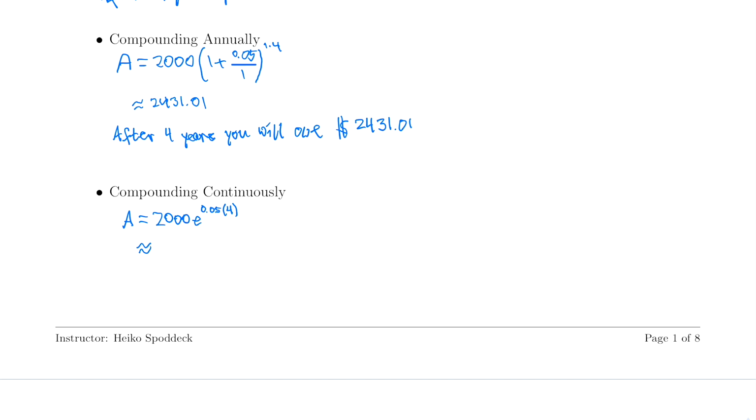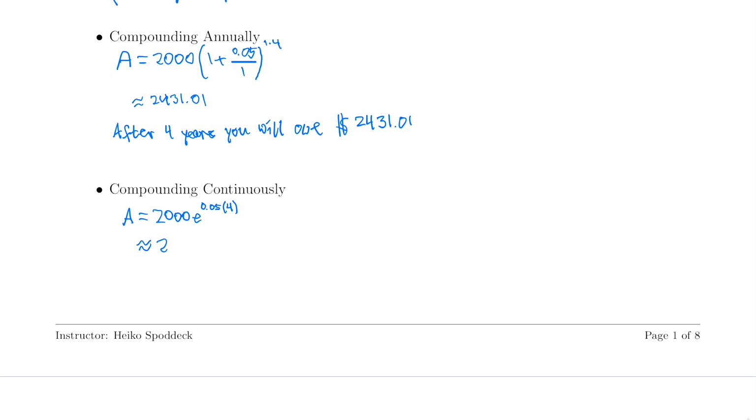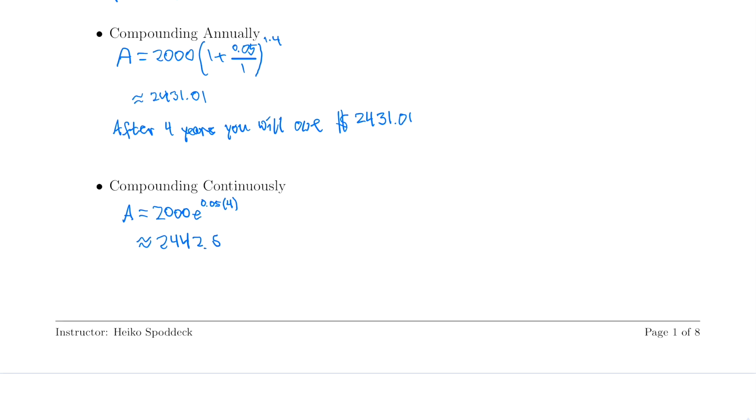And again, we will plug that into our calculator, and in this case we get 2,442, so roughly another $11 added, and we have still 81 cents as well. So again, after 4 years, you will then owe $2,442.81.